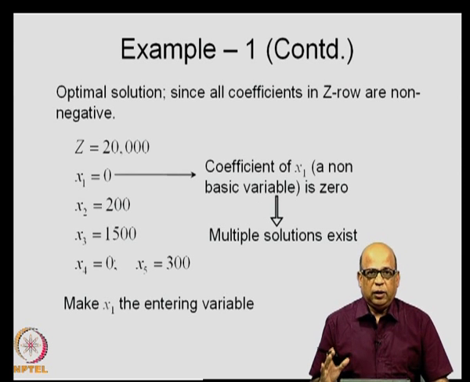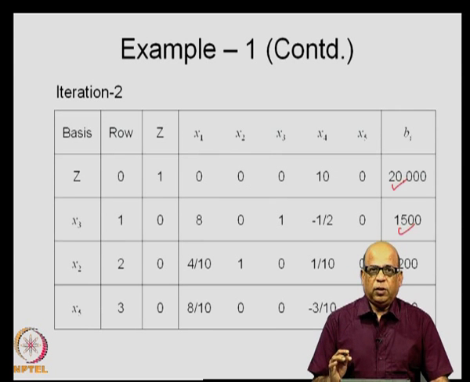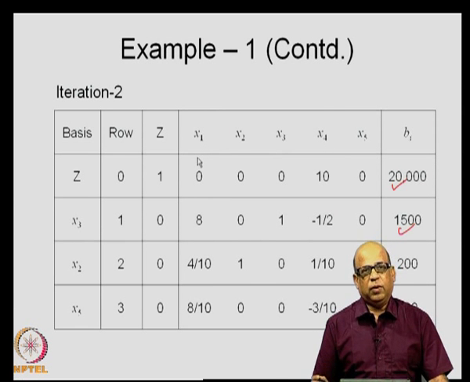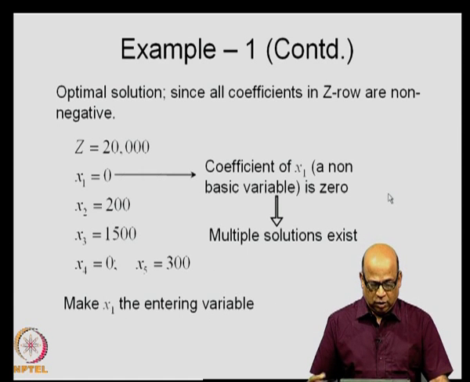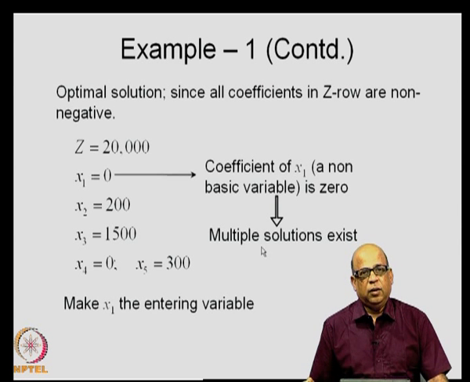The requirement for multiple solutions in the simplex algorithm is that the coefficient of a particular non-basic variable must be 0 in the z row. This is how you say that there are multiple solutions.